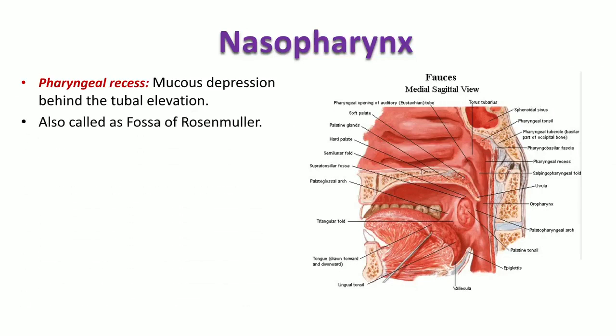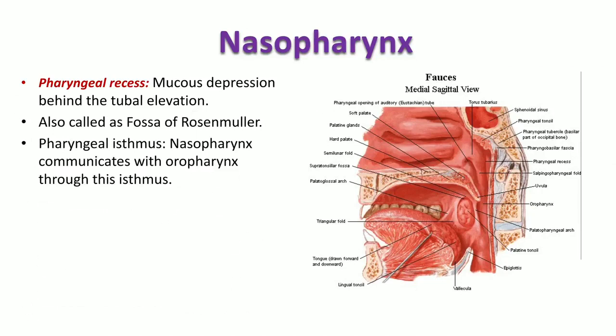So these are all the features you come across in the roof and lateral wall of the interior of the nasopharynx: pharyngeal tonsil, then the pouch of Luschka, pharyngeal bursa, opening of the auditory tube, tubal elevation, tubal tonsil, salpingopharyngeal fold, and behind the tubal elevation the pharyngeal recess, which is called the fossa of Rosenmuller.